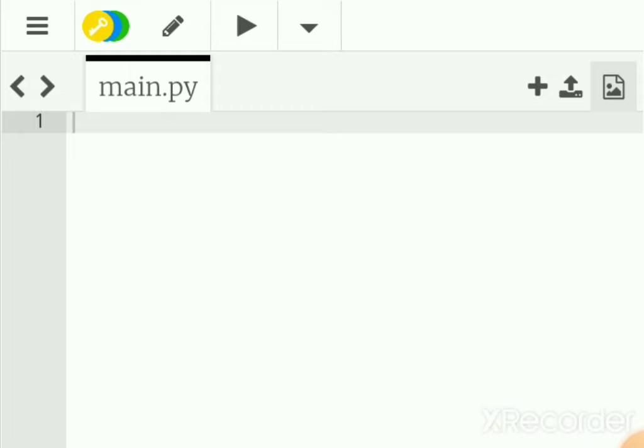So, today we will see another very important concept in Python, which is the conditional. How to write a condition in your statement, in your code. To do this, there are three keywords that you have to use.